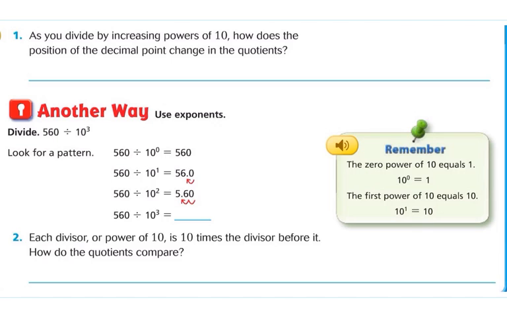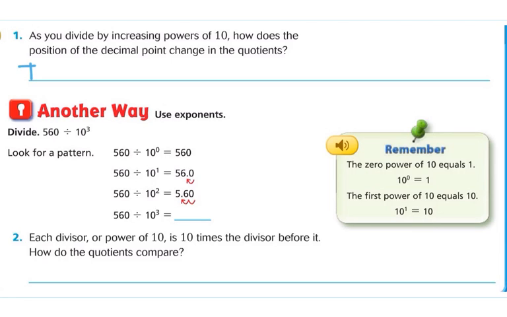So boys and girls, it is asking us to analyze and see the patterns here. It says, as you divide by increasing powers of 10, how does the position of the decimal point change in the quotient? So what I would do is I would say, we saw the decimal point kept moving to the left.